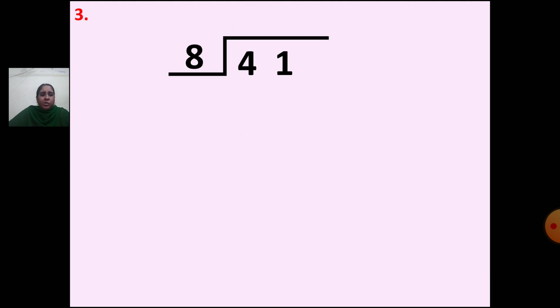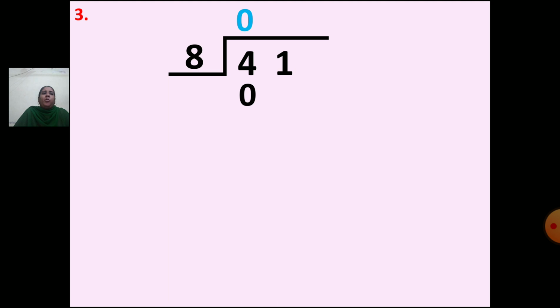Now third question. 41 divided by 8. Now here 4 is small, 8 is big. Isn't it? So you cannot take 8 ones are 8 because 4 is small. So which number will you take in table of 8 which is less than 4? You have to take 0. So what will you do? 8 zeros are 0.